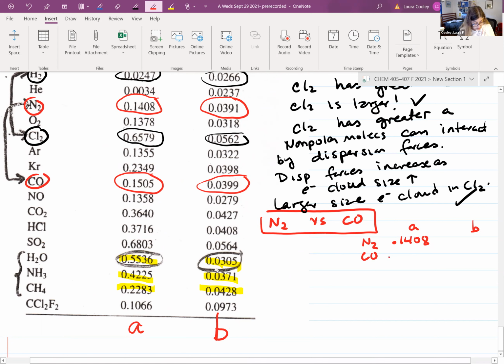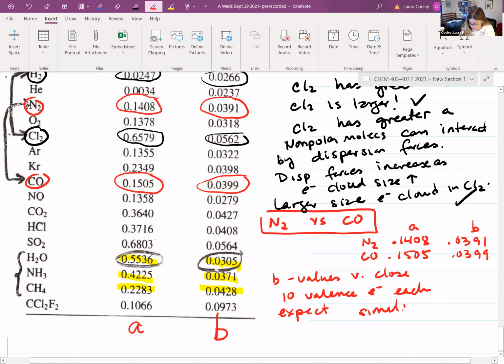So the B values are very close. So how do we understand that? Well, N2 and CO have the same molar mass. They both have 10 valence electrons. So you expect a very similar size. Okay, so that goes along with what we think.